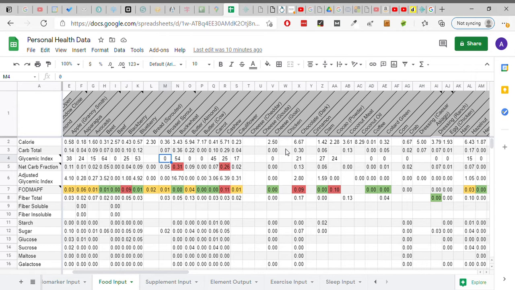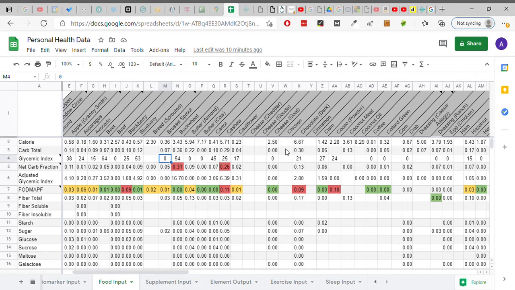The reason that the glycemic load isn't perfect is because it only looks at how many grams are in a standard serving size of a food. It doesn't take into account how much of the food you actually ate. It's just how much food generally a person might eat.